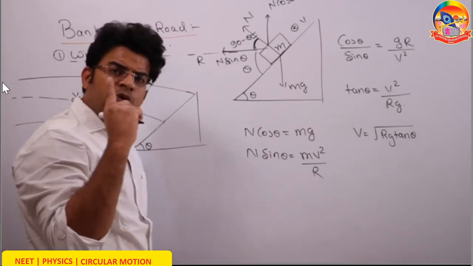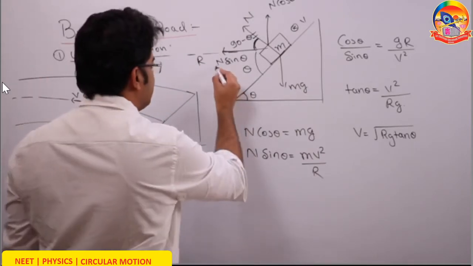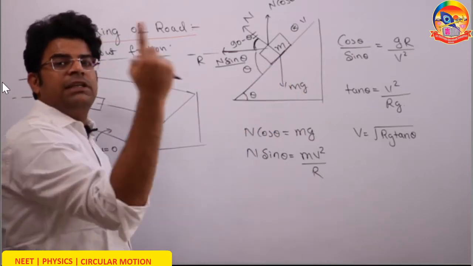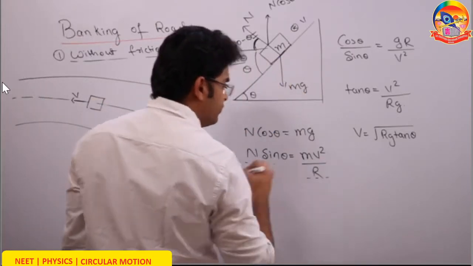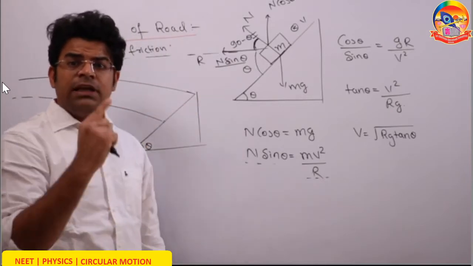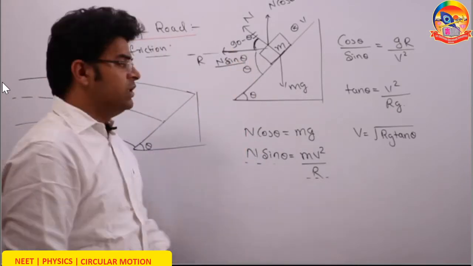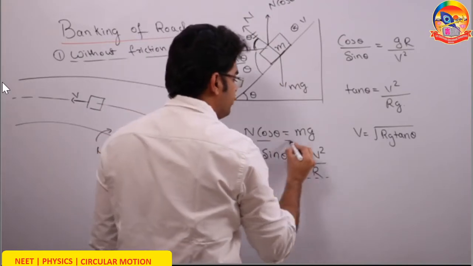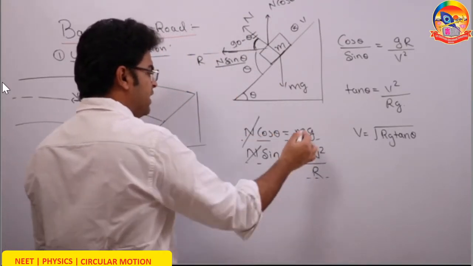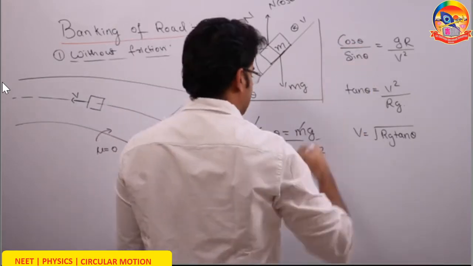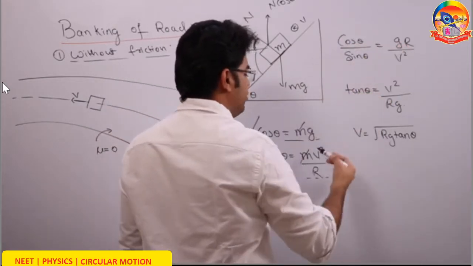There is only one force acting towards the center, that is N sin theta, and the net force acting towards the center should be equal to the centripetal force. So N sin theta should be equal to mv square by r. Since it moves in a horizontal circle and there is no net force in the vertical direction, N cos theta should be equal to mg. Dividing both sides, N gets cancelled, m gets cancelled. So you get cos theta by sin theta equals g upon v square by r.